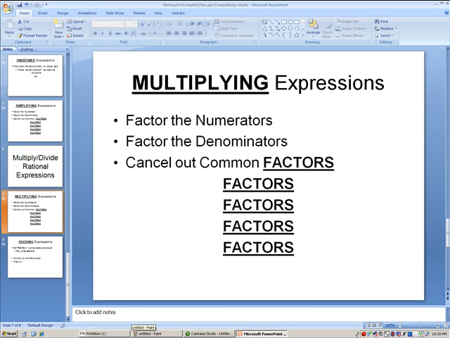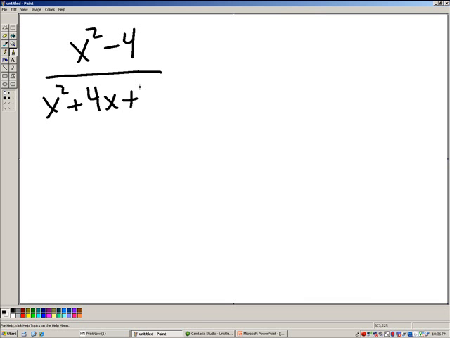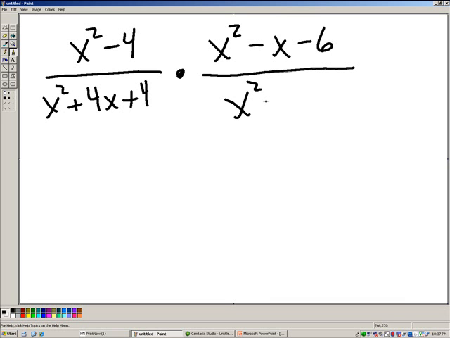And what that looks like then is, let's say we've got x squared minus 4 over x squared plus 4x plus 4 times x squared minus x minus 6 over x squared minus 9. All right, our procedure says to factor the numerators. So I go ahead and I just do that right above the numerator.